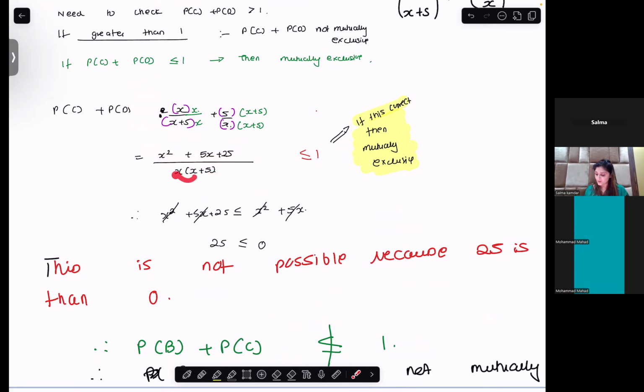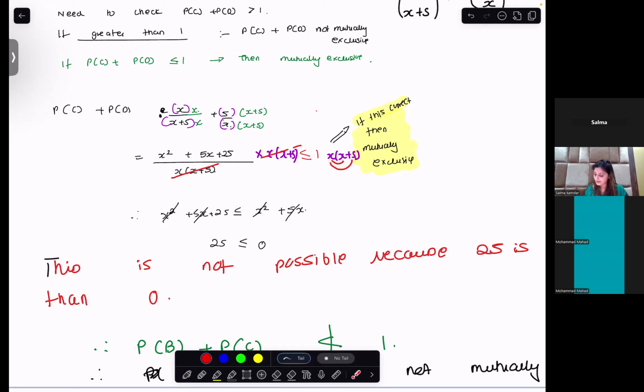So this and this would go away, and this would become x square plus 5x.